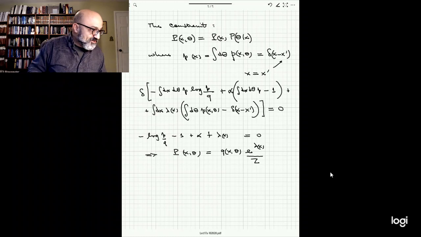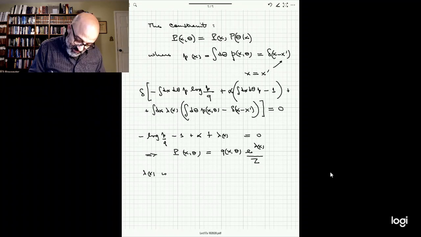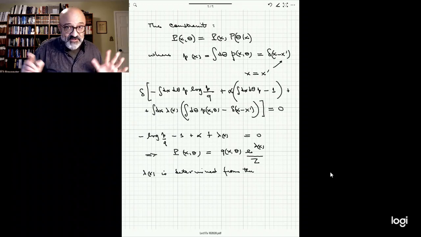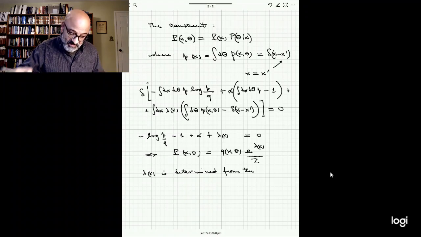In order to do that, we just say the multiplier lambda is determined from the constraint, like in all maximum entropy calculations, Lagrange multipliers are determined from the constraints.